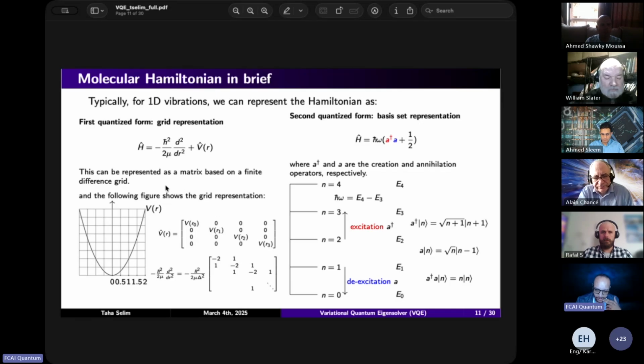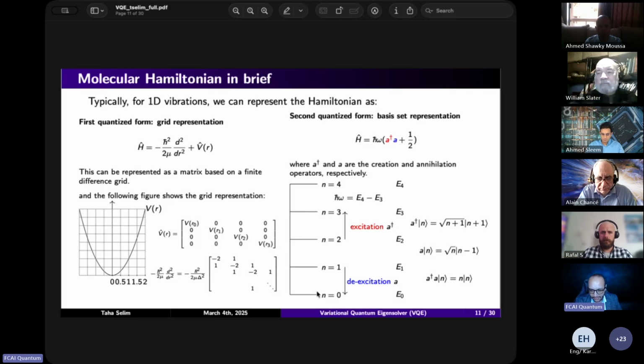of each molecular state. Or we can go to another representation called the second quantization form. And in the second quantization form, that, of course, is inspired from quantum field theory. And in that sense, you assume that you are in a vacuum and the ground state is like your vacuum state.